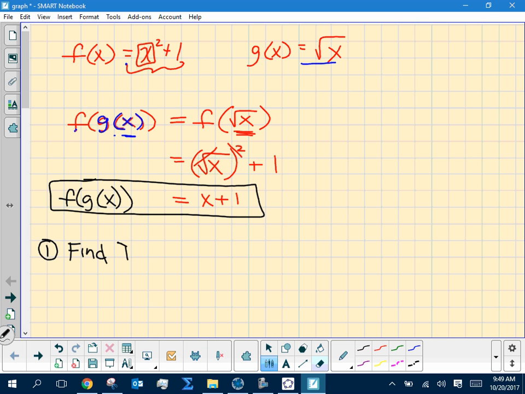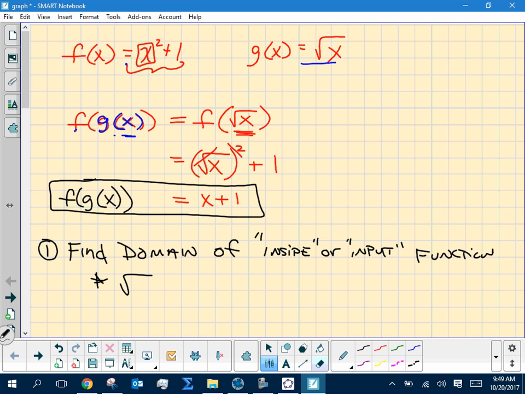So find the domain of, sometimes they call it the inside or input function. In this case, that would be the square root of x, right? That's the inside function. I'm going to find its domain. What is its domain?